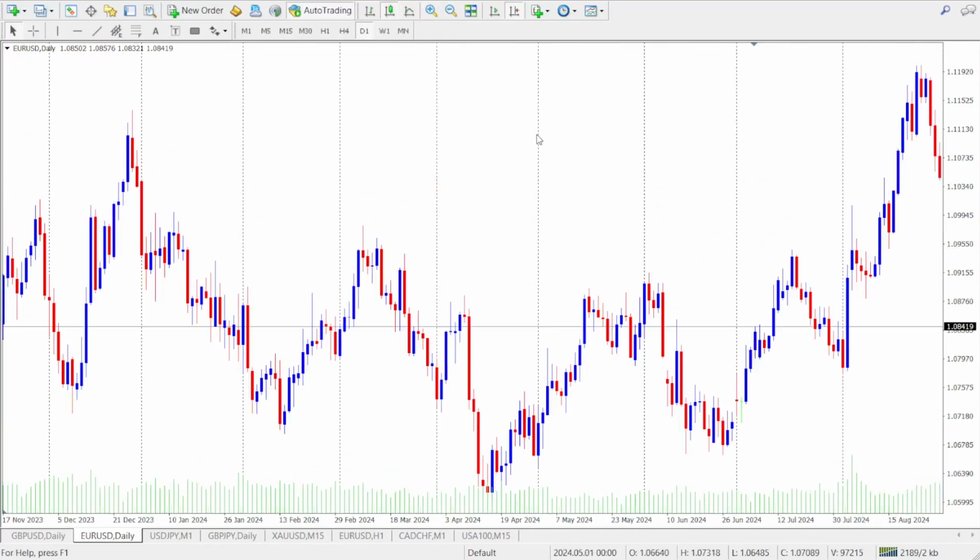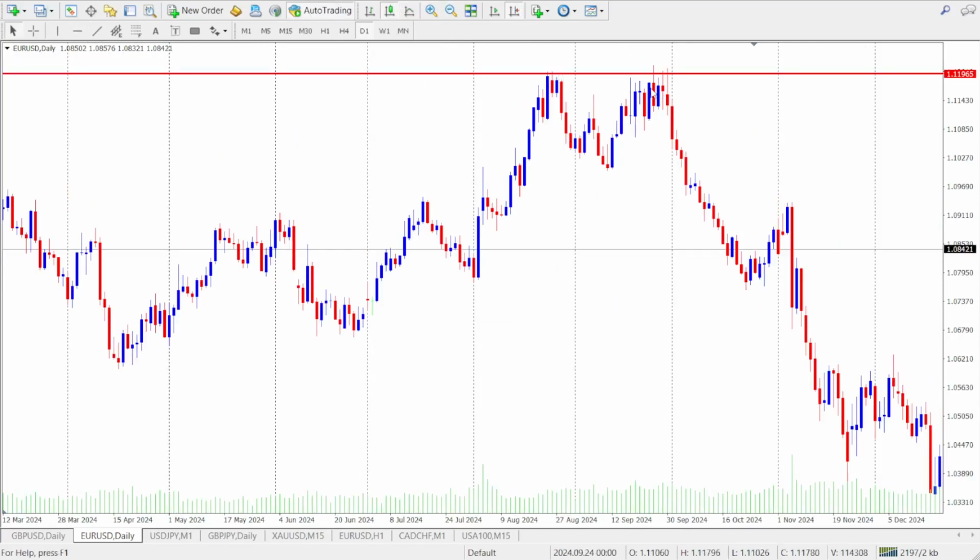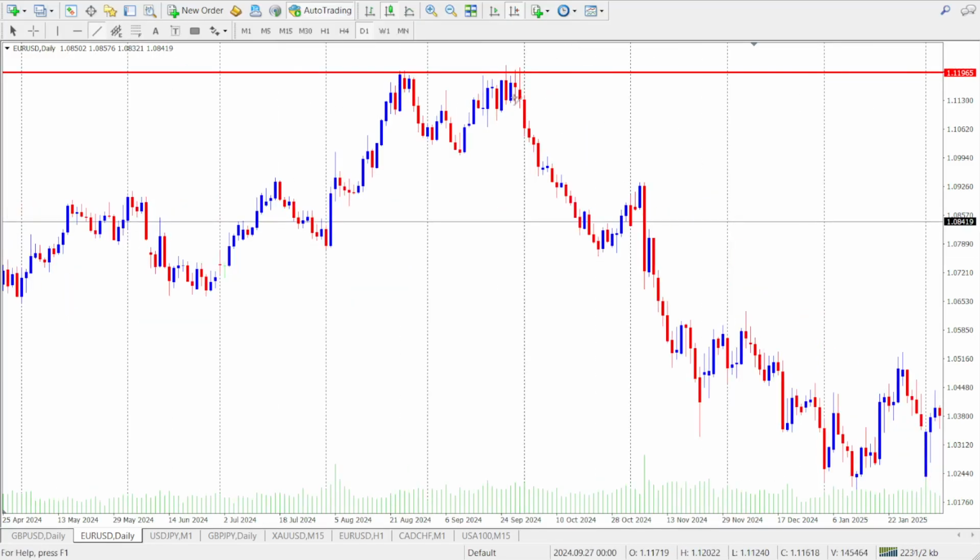Then the next pattern we are going to be looking at is the double top and double bottom pattern. A double top signals a potential bearish reversal. It occurs when price hits a resistance twice, like what happened here, and fails to break higher. As a result, we usually have a reversal to the downside.